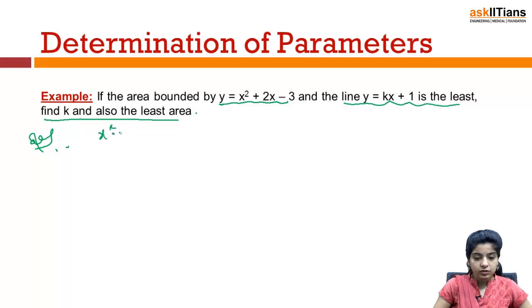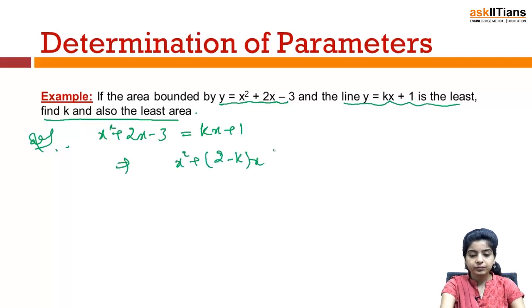So first of all, now x square plus 2x minus 3 equal to kx plus 1. So this gives me x square plus (2 minus k)x minus 4 equal to 0.